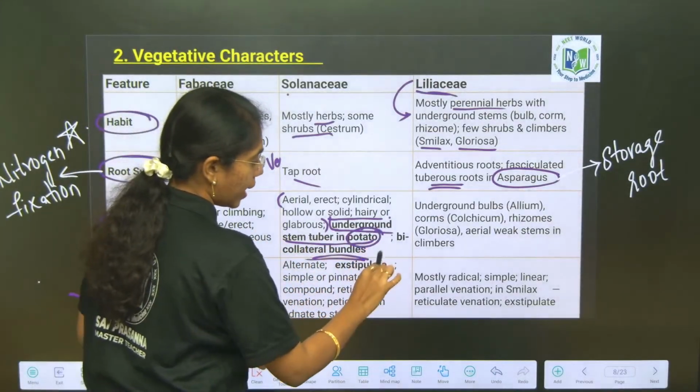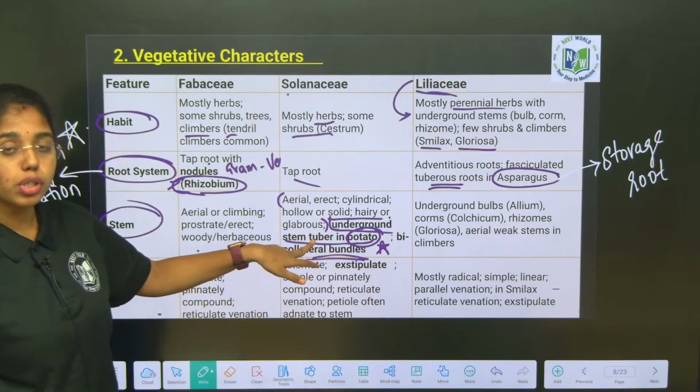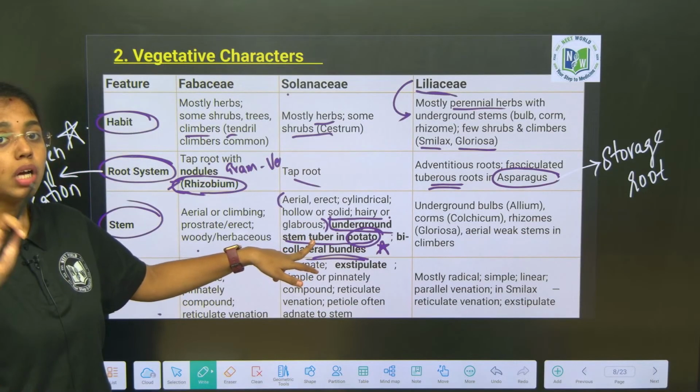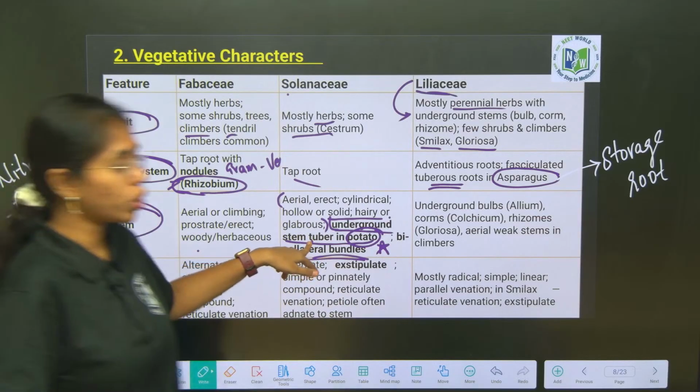This is an important storage underground stem modification, that is the stem tuber.